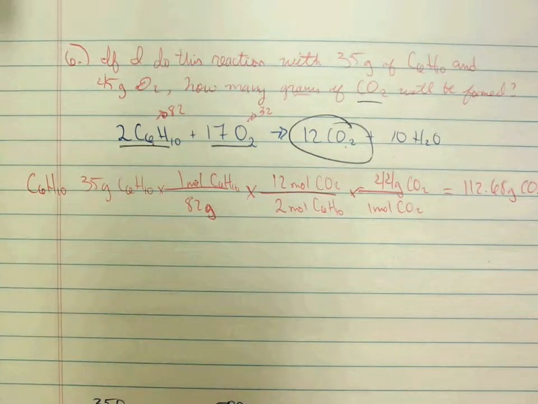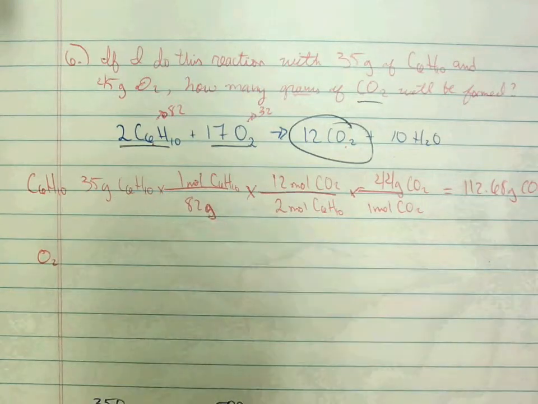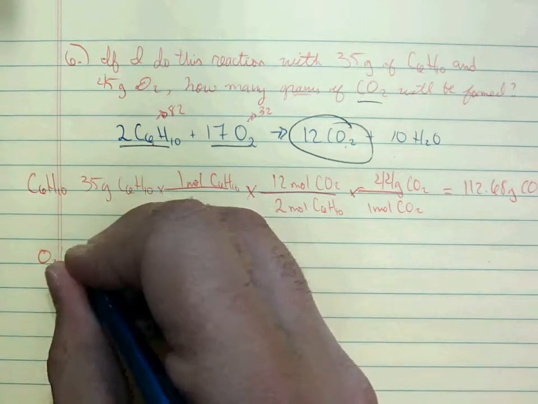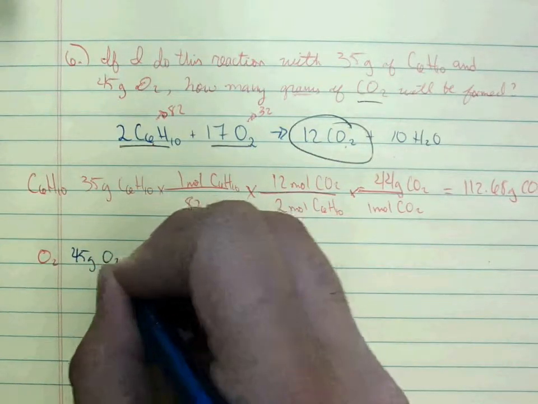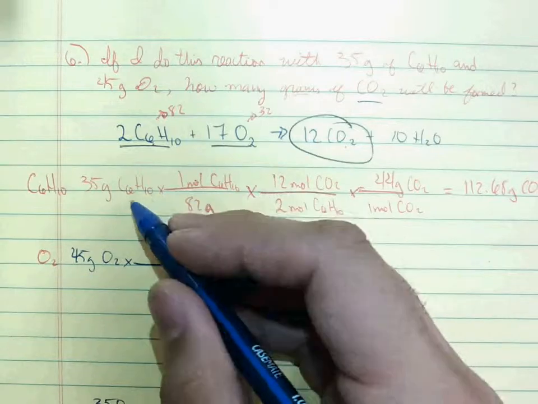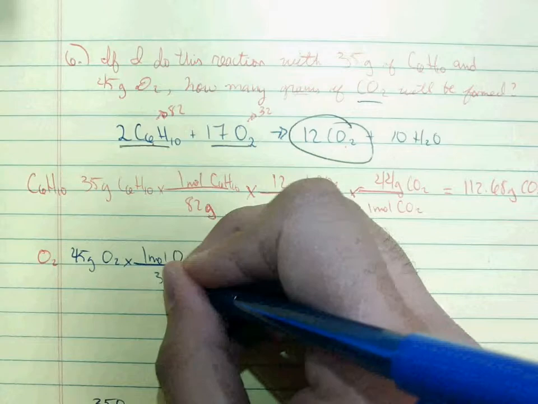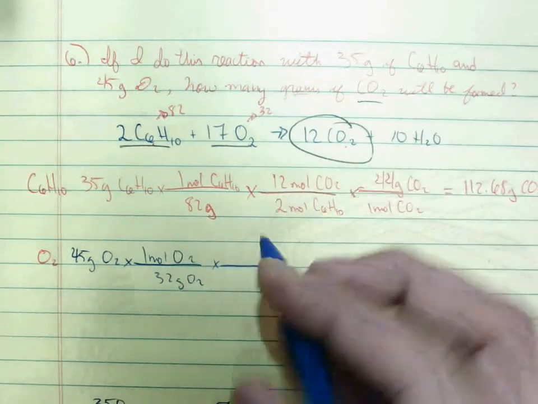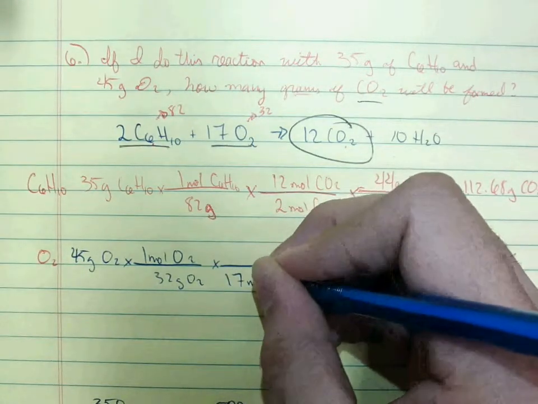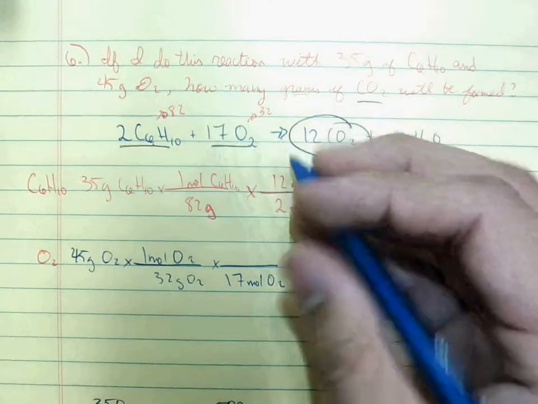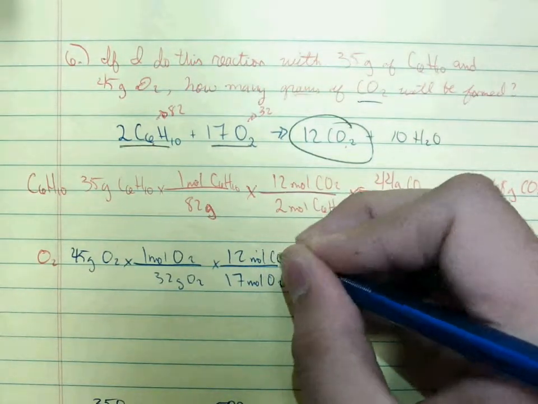Alright, let's try it now with oxygen, with O2. I'm going to do that in a different color. So now I have 45 grams of oxygen. I need to convert, remember, these grams into moles. So in 1 mole of oxygen, I have 32 grams of oxygen. Now that I have moles, I can use my mole ratio. For every 17 moles of oxygen, and that 17 is coming from there, I can make 12 moles of CO2.